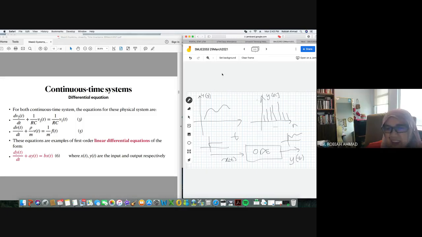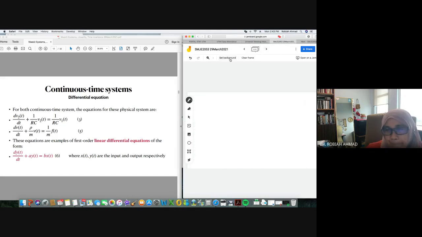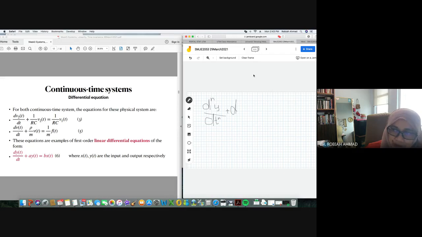So kalau general dia will be d^n y over dt^n, tak silap saya, and then plus, kalau higher level, d^2 y over dt^2, right?